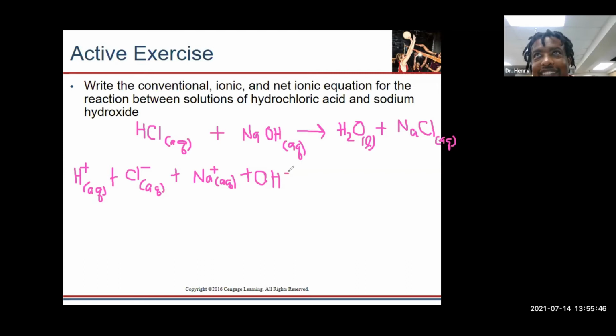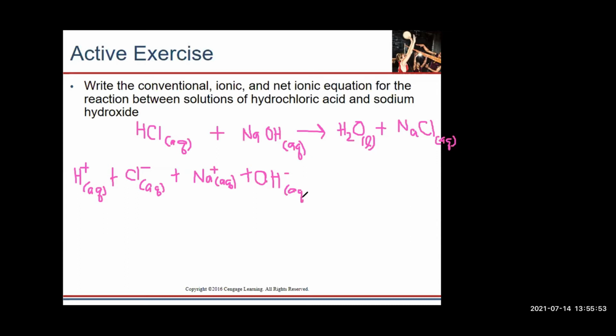So what's the rule about liquids, gases, and solids? They stay the same. That's right. So then it would be plus Na plus aqueous plus Cl negative aqueous.